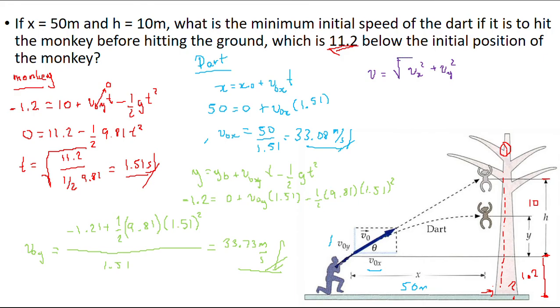Because remember this guy Pythagoras, he was a very cool guy. We'll just say that's 33.08 squared plus, no, sorry, this is wrong.